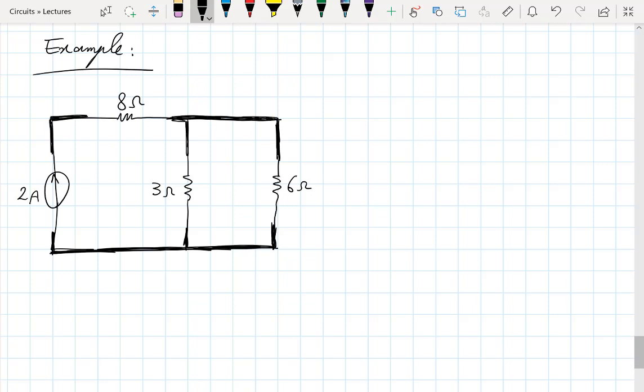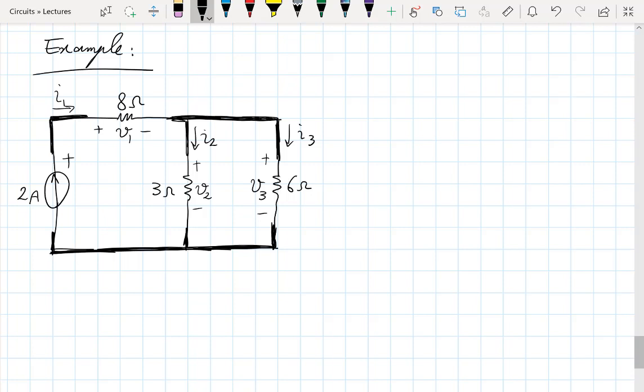So let's give these names. This one is V1, V2, V3, which really is the same as V2. Let's call this I1, which we already know is 2 amps, I2, I3.